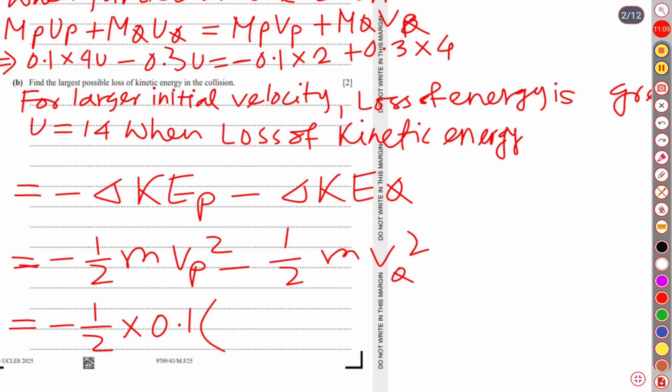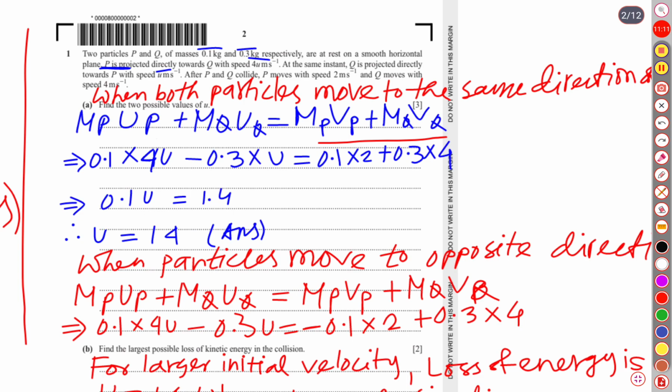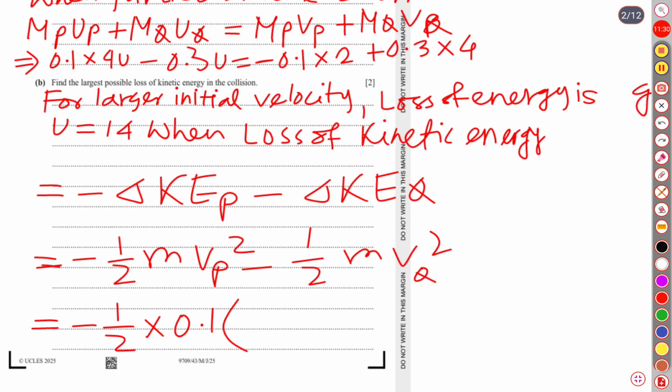So let us see what the final velocity of particle P was. Look at this, the final velocity of particle P was 2, and the initial velocity was 4u. So 4u means 4 14s are 56. So 2 square minus 56 square.